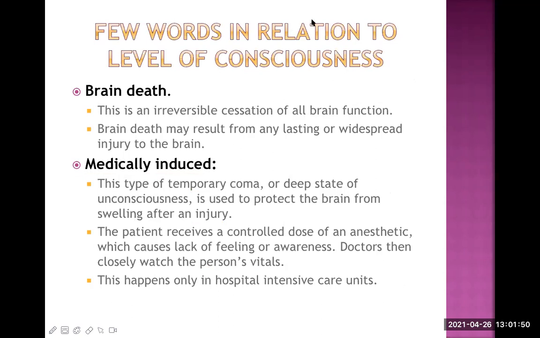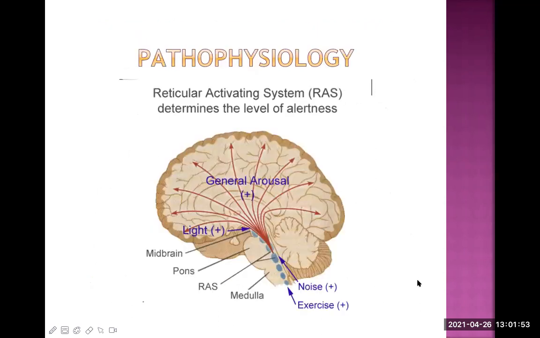Let's move on. Now, what is the pathophysiology of coma or loss of consciousness? In other words, what are the factors which maintain our alertness? Okay, this is known as the reticular activating system or RAS. And this reticular activating system is the group of neurons and nerves which are present very, very deep down in the brain stem.